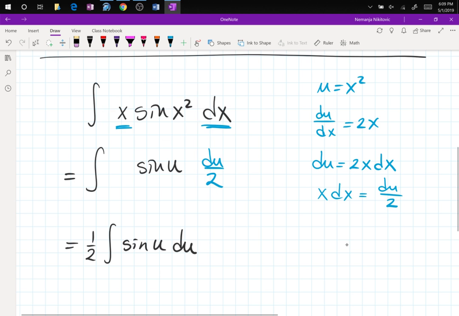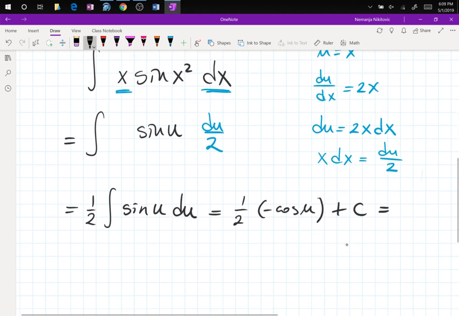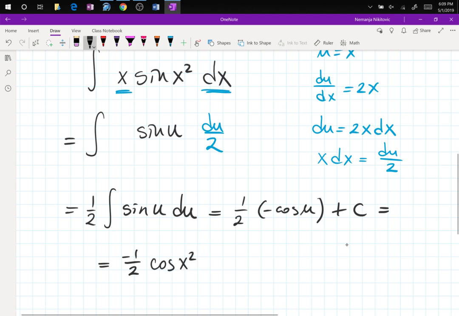What's the integral of sine? Negative cosine u plus c. Now we go and say, I don't care about u, I care about the x, right? So negative 1/2 cosine x squared plus c.